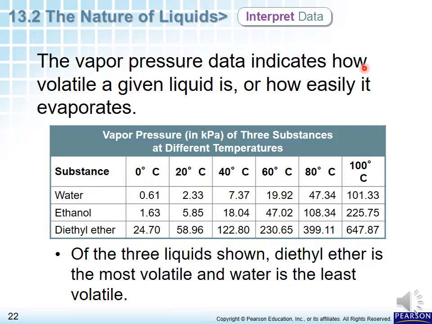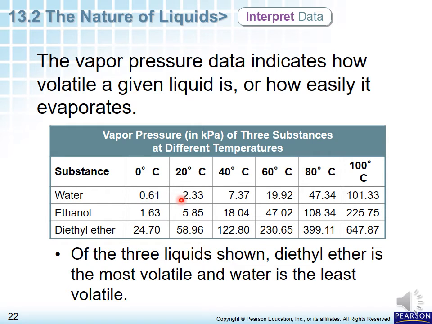The vapor pressure data indicates how volatile a given liquid is and how easily it evaporates. Volatile means that at room temperature particles escape and the liquid becomes vapor. You can see these temperatures: 0, 20, 40, 60, 80, 100, and the values of vapor pressure.